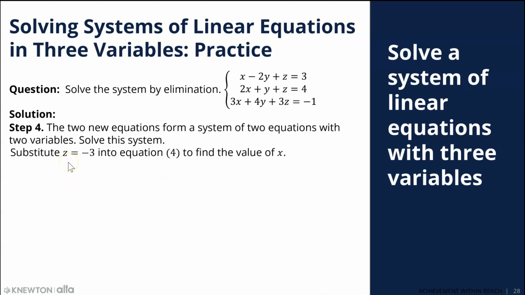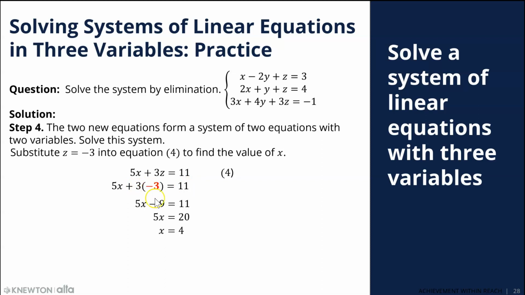So let's go ahead and substitute z, which is equal to negative 3, into equation 4 to find the value of x. So we have 5x plus, and then replace z by negative 3, equals 11. And you solve this. This is equal to negative 9.